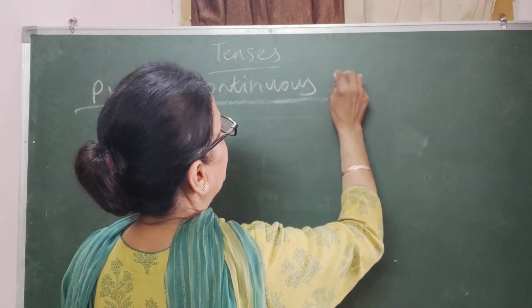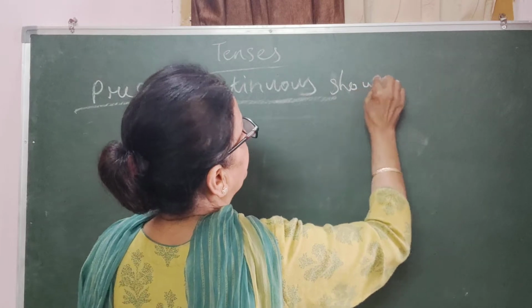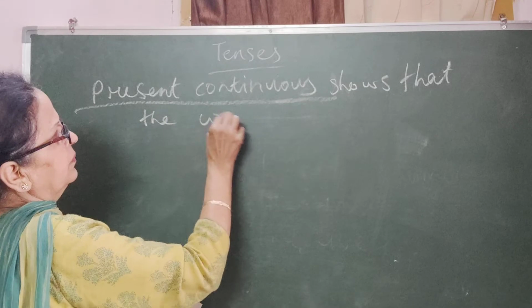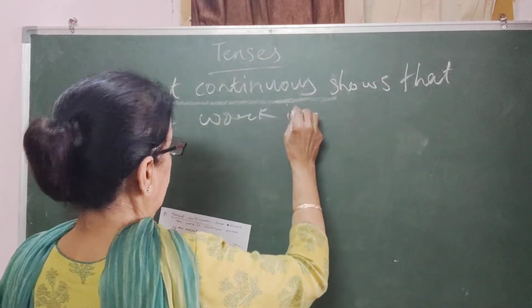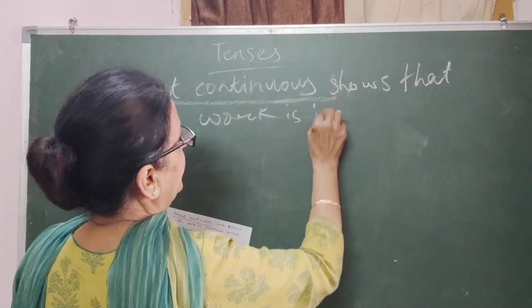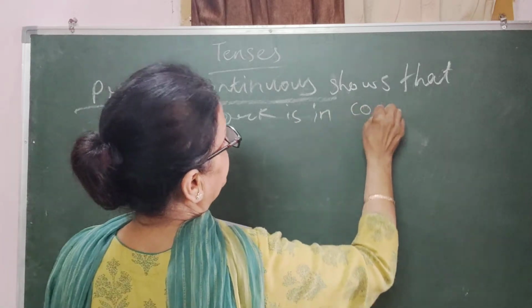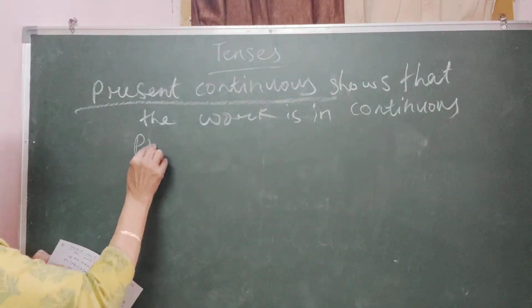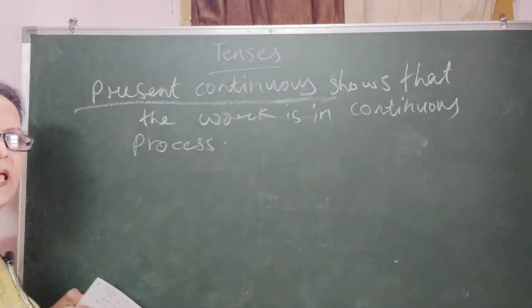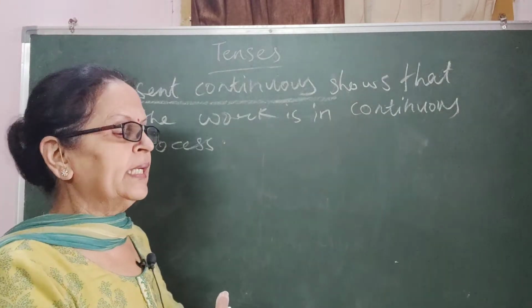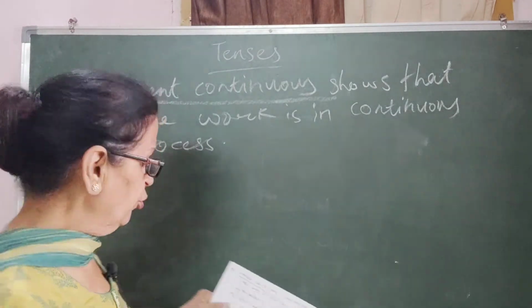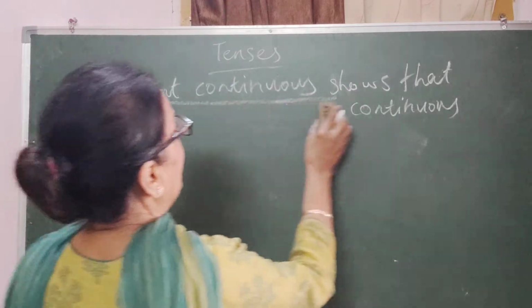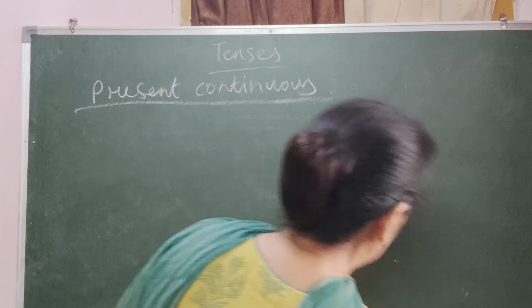This present continuous shows that the work is in continuous process. काम चल रहा है. Before giving you any example, I am going to apply the rule directly. Let me rub the definition so that I will have space to write down the rule.